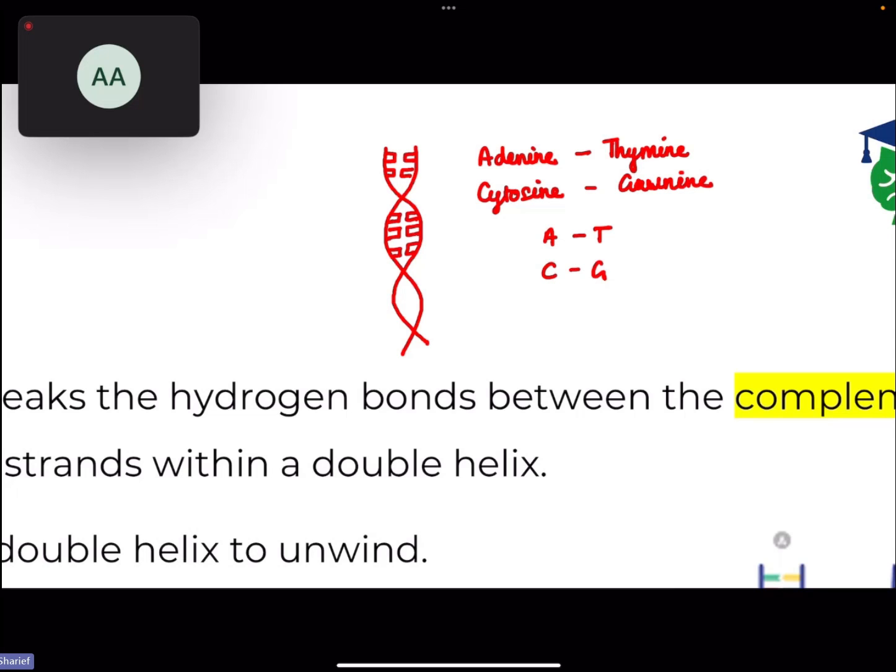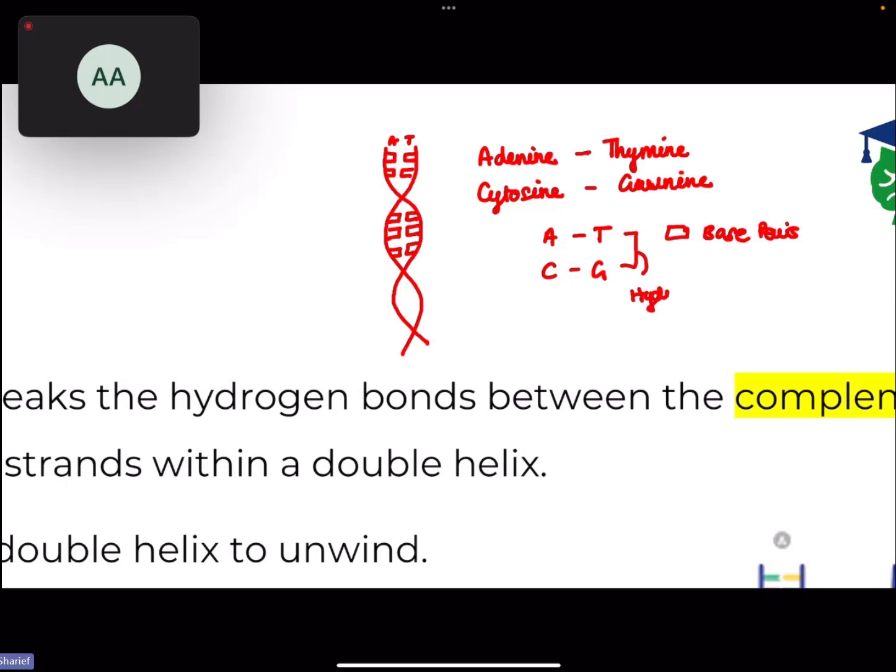Now, between the two strands of DNA, these are the base pairs. So basically, the squares are the base pairs. On one side you will have A, one side you will have T, one side you will have C, one side you will have G. And it's between these bases that hydrogen bonds occur. So between adenine and thymine, and between cytosine and guanine, hydrogen bonds will be present.